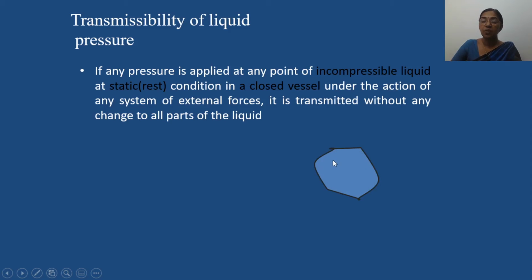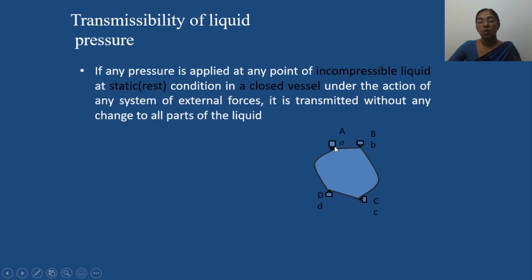Let us consider a closed system which is fitted with 4 pistons. These 4 pistons have different area openings, and these openings are tightly fitted with the pistons. So A, B, C, D are the 4 pistons, and the corresponding areas are indicated by lowercase letters a, b, c, d.